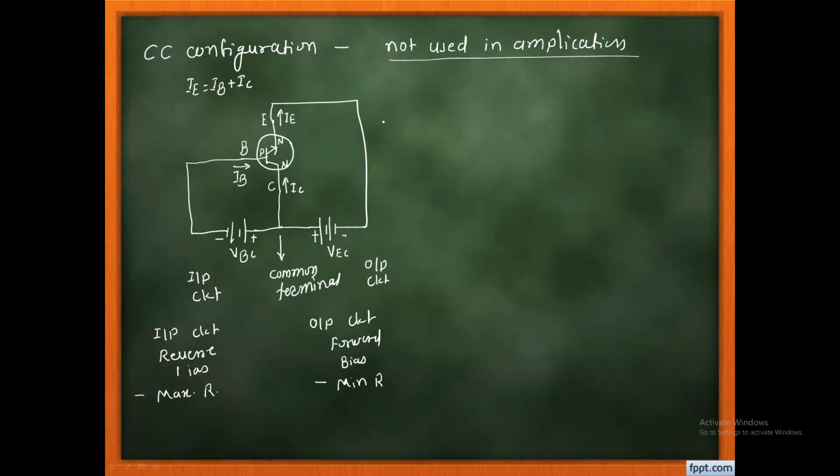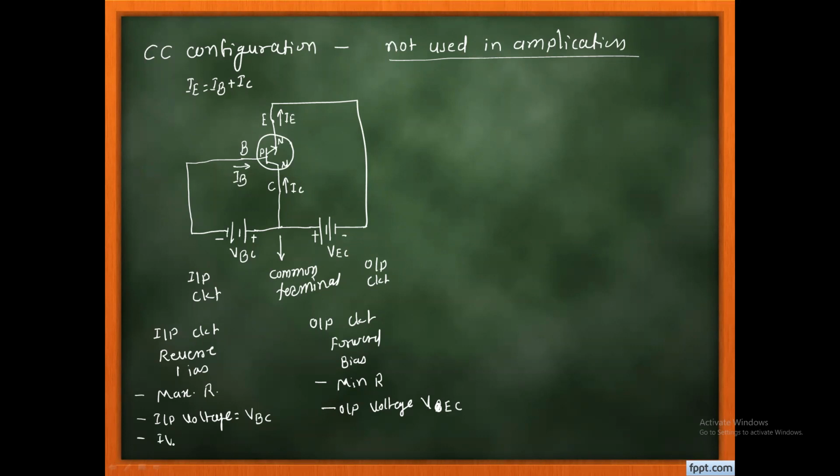Get it, my point? So now if I say input voltage, then you can say that the input voltage is the voltage in between the terminals B and C. We say that it's VBC. The output voltage is VEC, because the collector terminal is common.